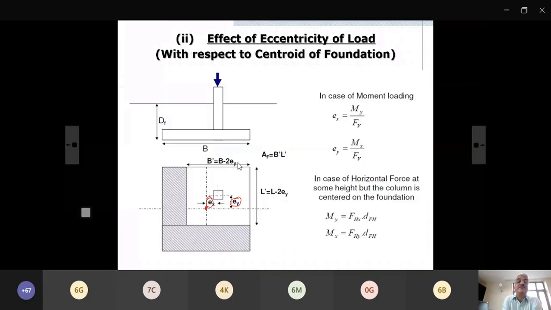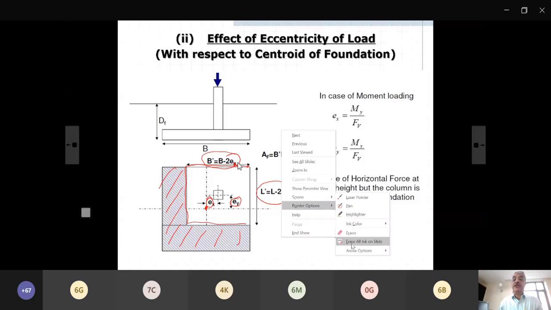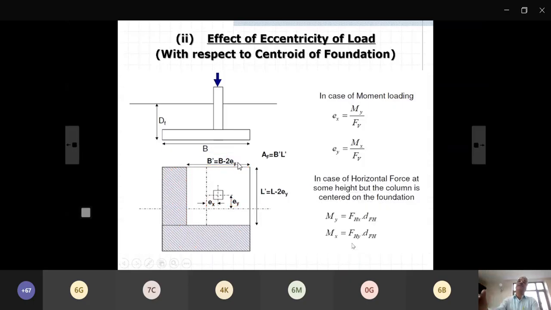In that case, using the Meyerhof formula, you consider width equal to B minus 2Ex and length equal to L minus 2Ey. So this area will be neglected and you will consider only this much width of the footing, and then you will calculate the footing pressure and check that it is less than your bearing capacity.